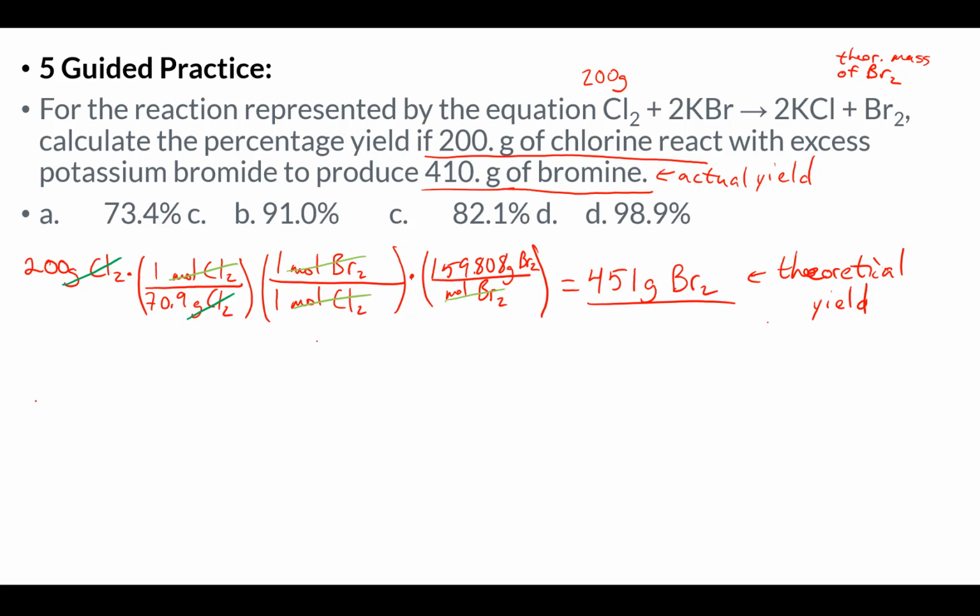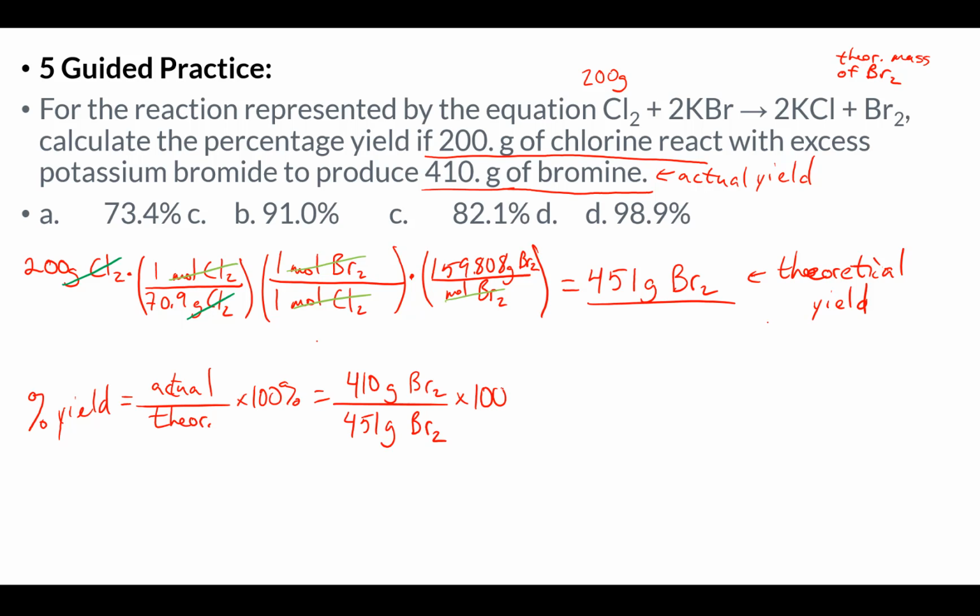And our percent yield then is our actual over theoretical times 100%. So let's plug it in. Our actual yield was 410 grams. Our theoretical yield was 451 grams. And we multiply by 100%.